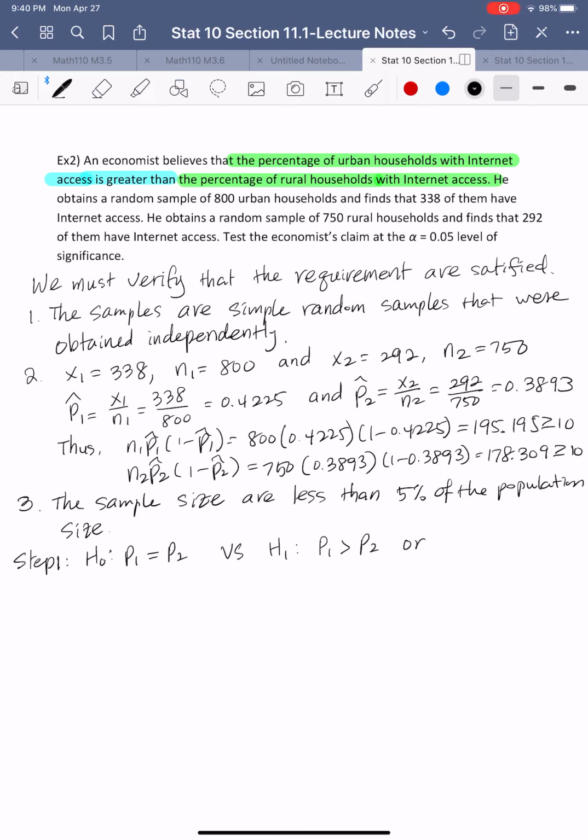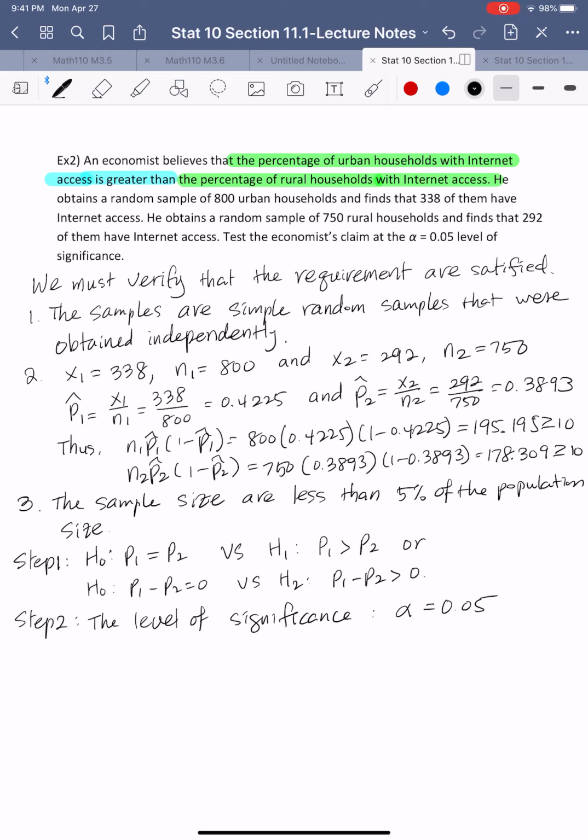Or you can also say that H sub 0 is p1 minus p2 equal to 0, and then H sub 1 is p1 minus p2 greater than 0. So either one is fine. Then think about the level of significance, which is alpha equal to 0.05, right here.